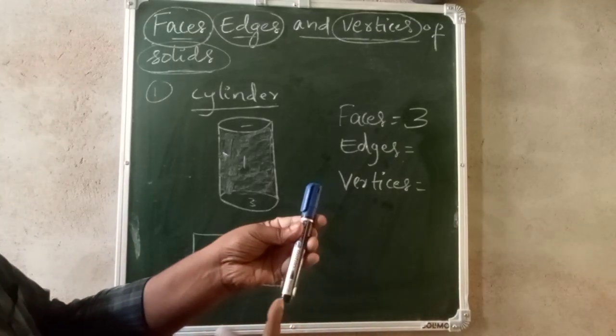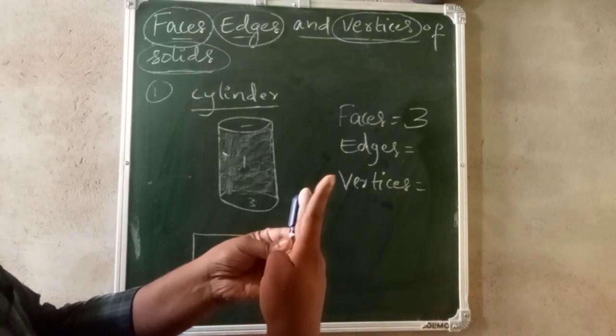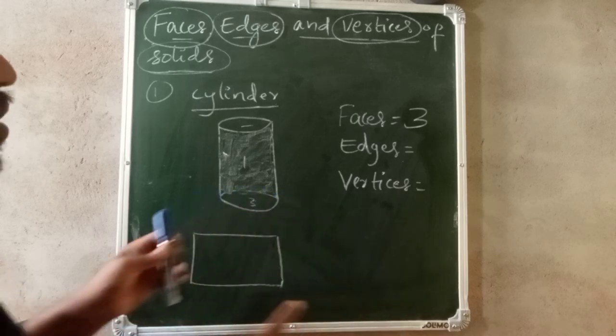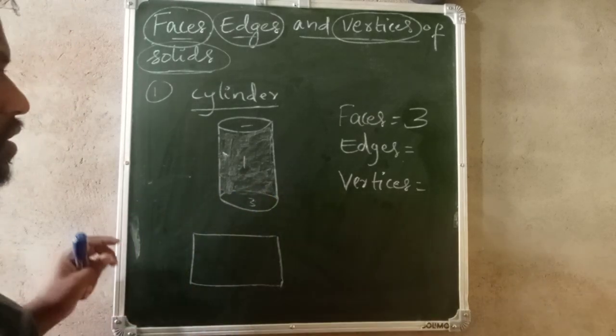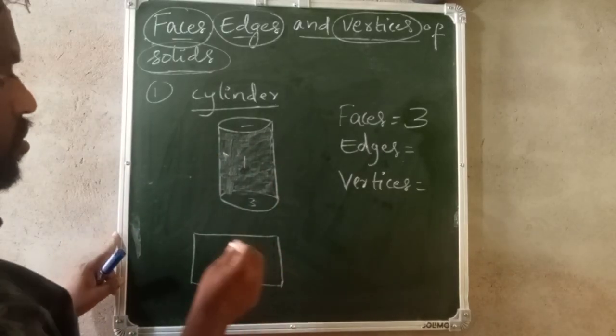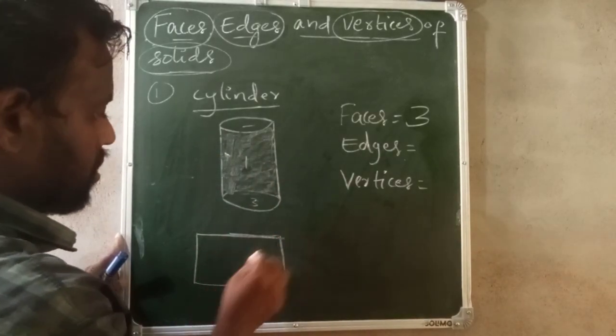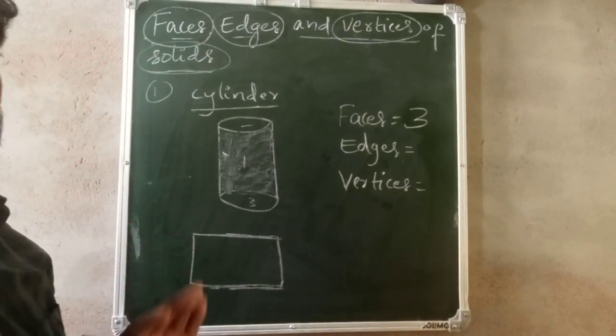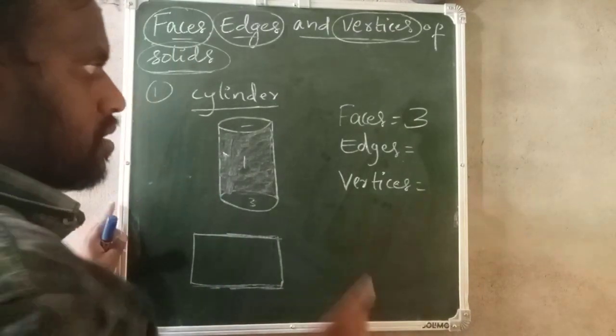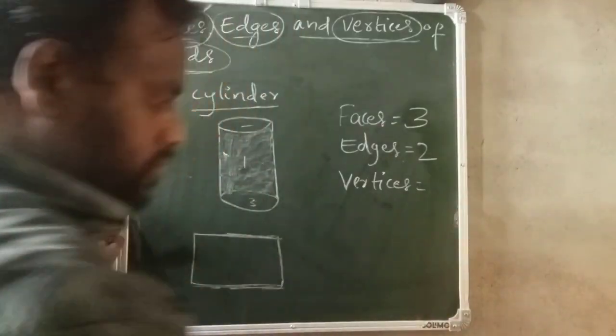When you cut this with a scissor and remove it, it looks like a rectangular paper. So now this is one edge, this is another edge. So we will consider it like that, 2 edges. So edges is equal to 2.